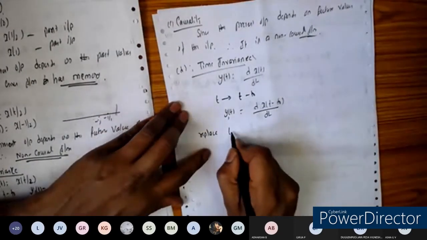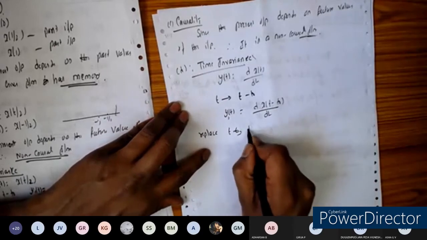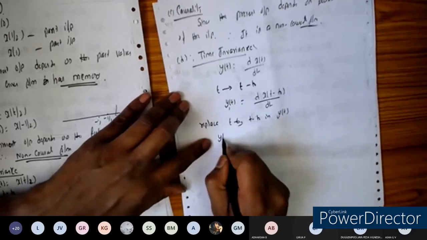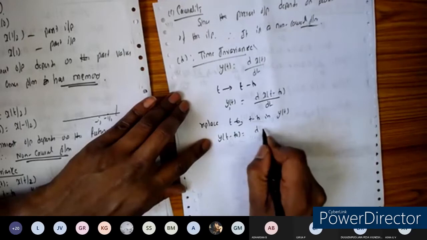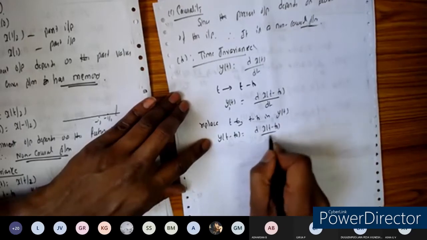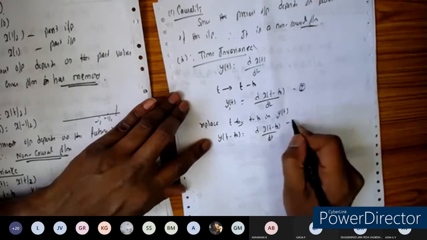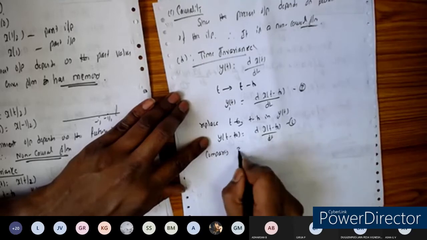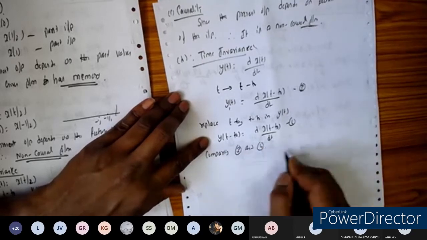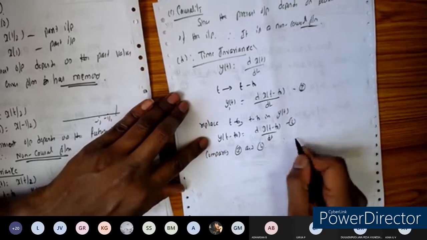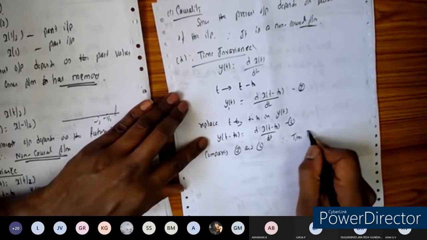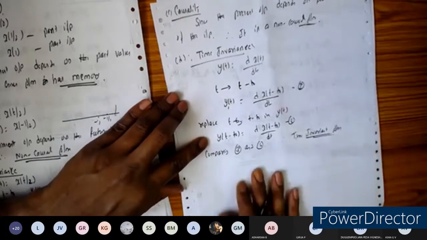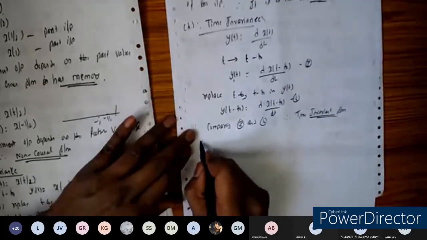Similarly, let us replace t by t minus t naught in y of t. So y of t minus t naught is equal to d x of t minus t naught divided by dt. Let us compare this, equation numbers 3 and 4. So comparing 3 and 4, the given system is a time invariant system.